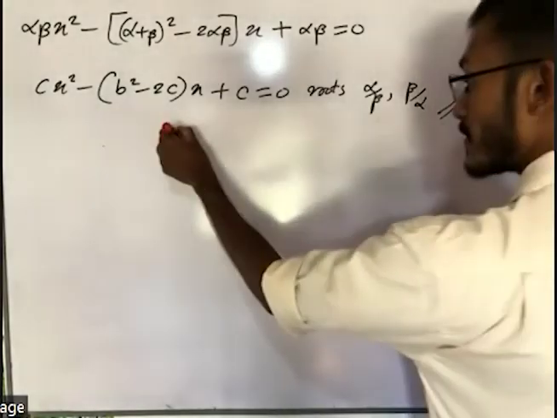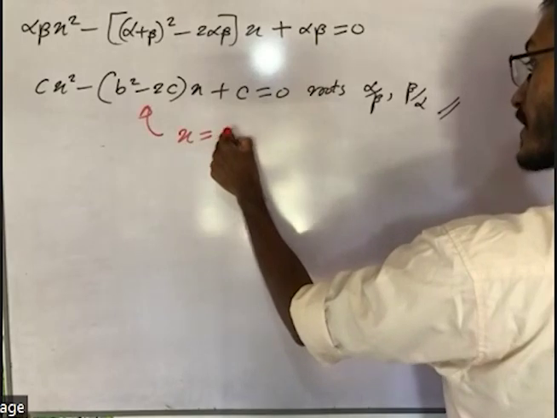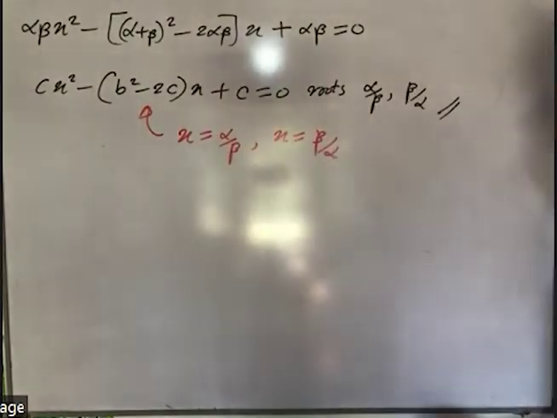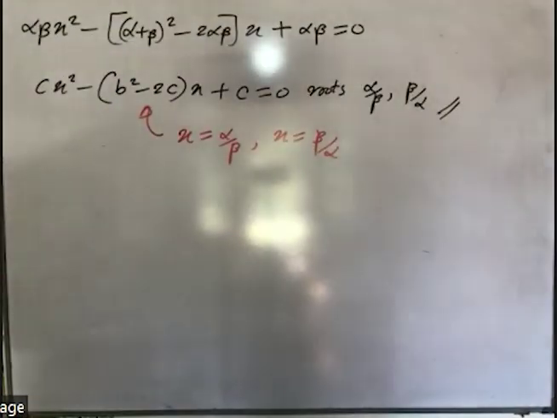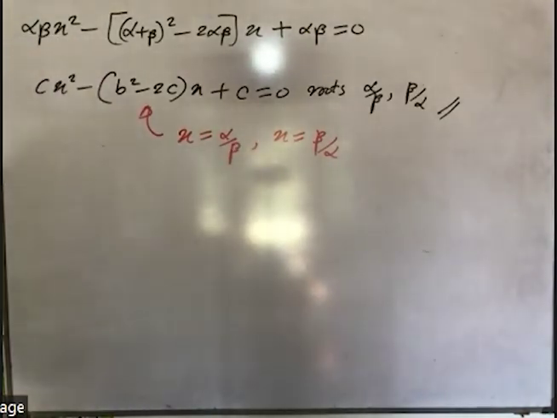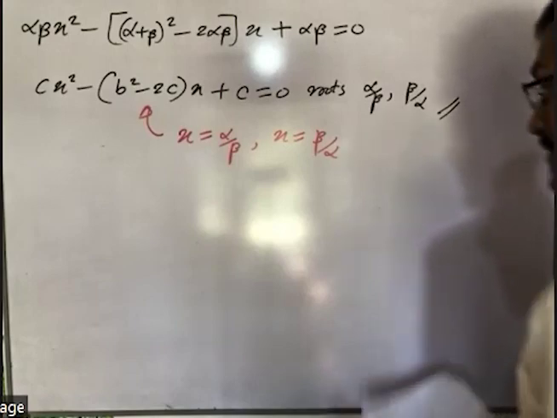That means x equal to alpha over beta, comma x equal to beta over alpha. Right. So in the second part, they are asking for the roots alpha over beta minus 1 and beta over alpha minus 1. So if you take x minus 1 as a separate variable, then you can easily convert this equation to another equation, right?